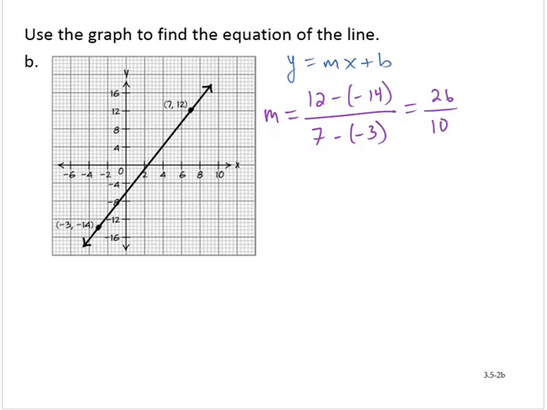I'm going to go ahead and work solely in fractions for this example. And so I'll reduce the fraction to 13/5. So my new model is y = 13/5 x + b.